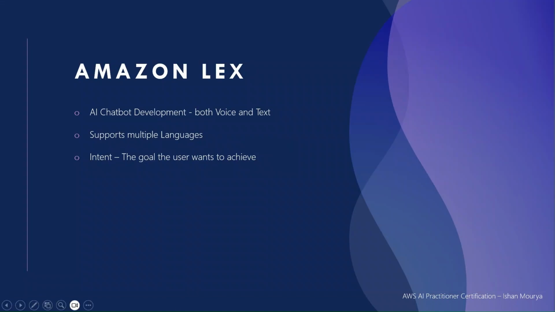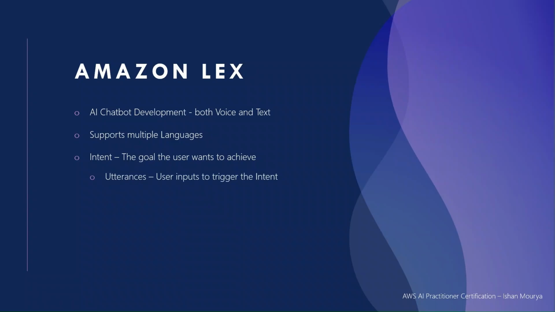Now let's see what all the parts of the intent are. The first part is the utterances. Utterances are user inputs which are going to trigger the intent. You have to provide some samples.